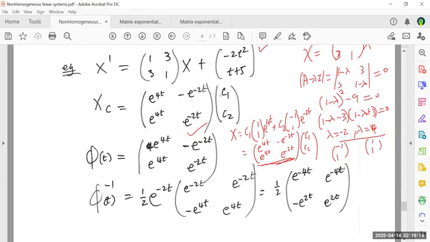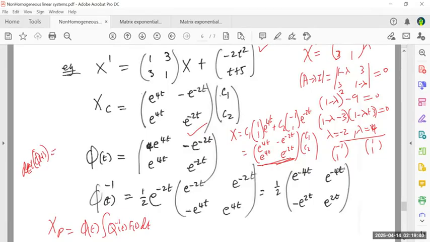We know that xp would be phi of t times the integral of phi inverse of t times f of t dt. So we now want to find the inverse of this function. It's 1 over the determinant. What is the determinant of phi of t?